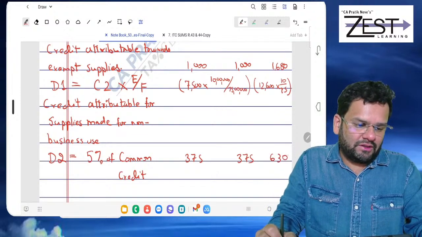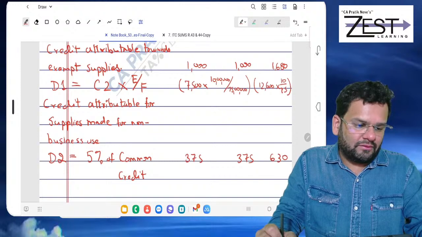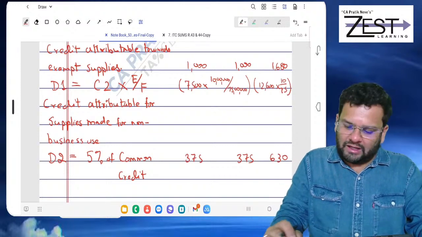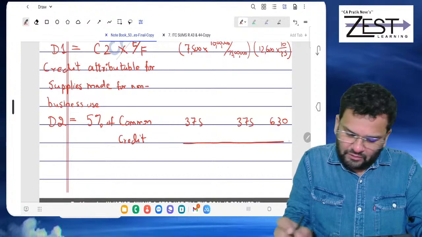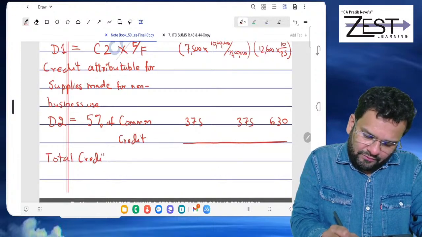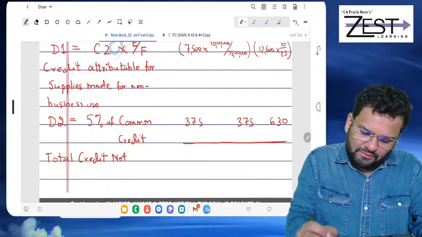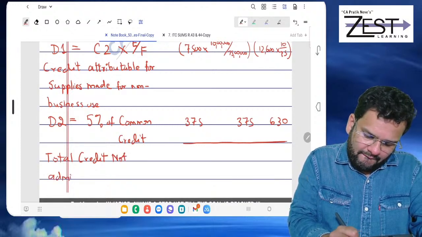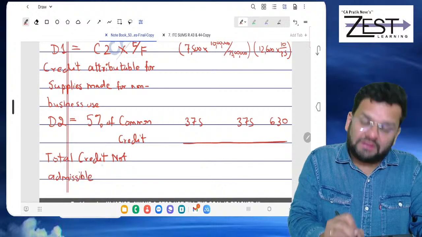So eventually, are you getting total credit not admissible? So what is total credit which is not admissible? That is your D1 plus D2.